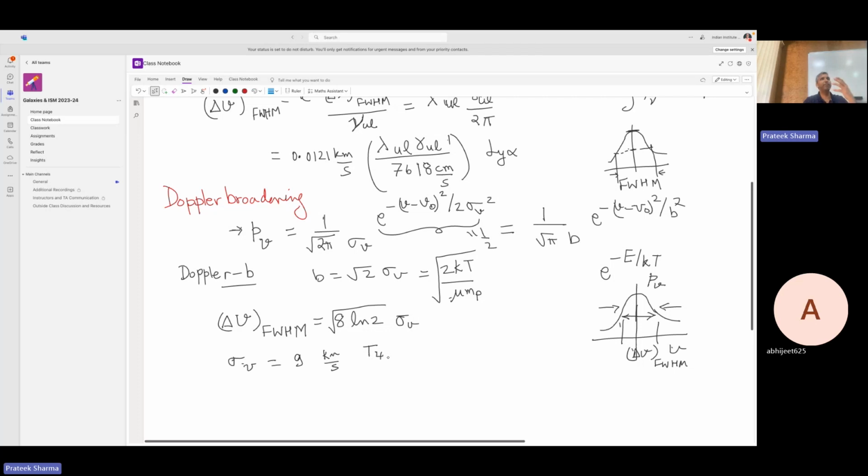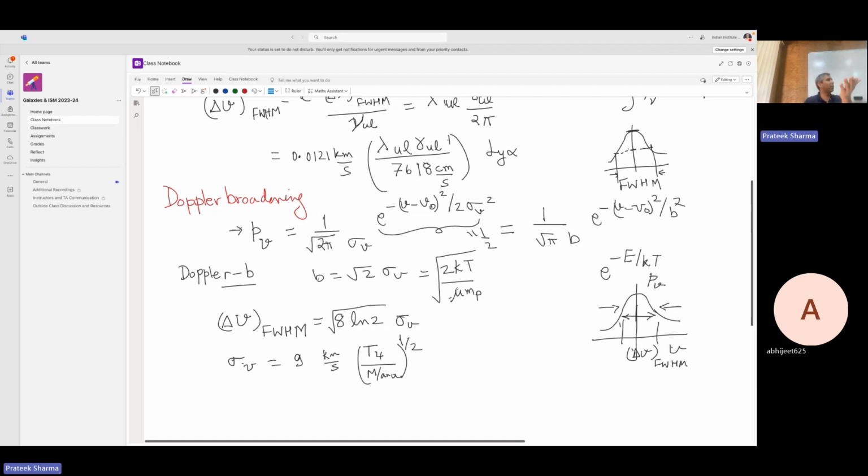So if temperature is 10 to the 4 Kelvin, T4 is 1. If temperature is 10 to the 8 Kelvin, T4 is 10 to the 4. So sigma v is about 10 kilometer per second for a gas at 10 to the 4 Kelvin, right?